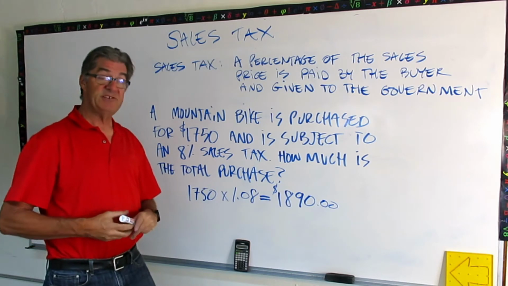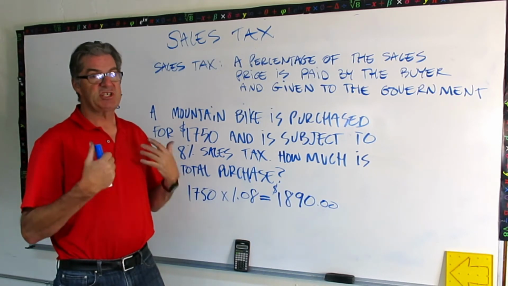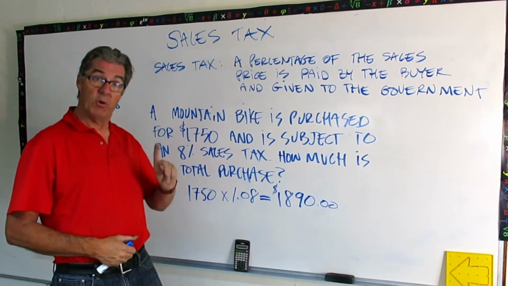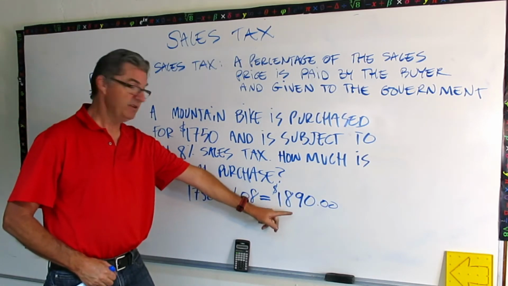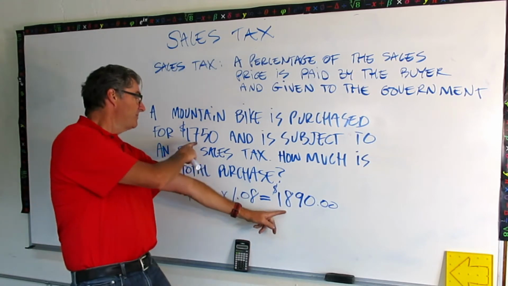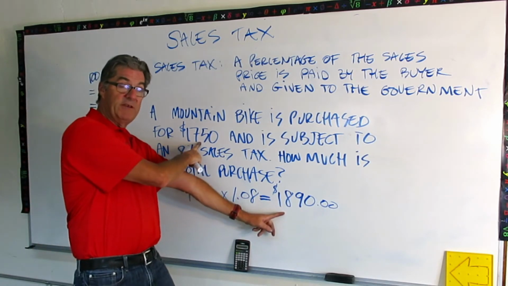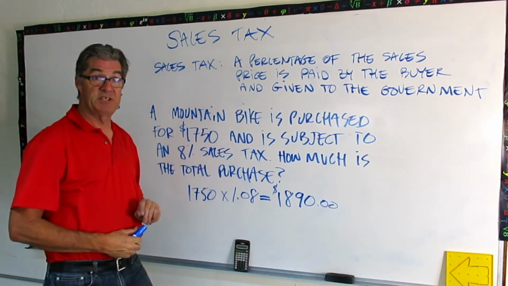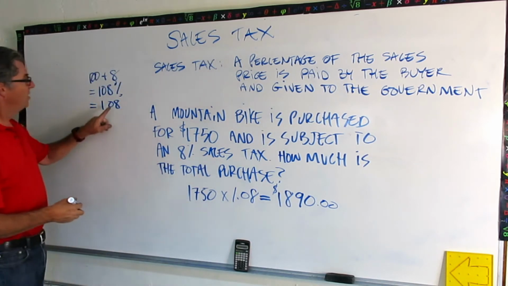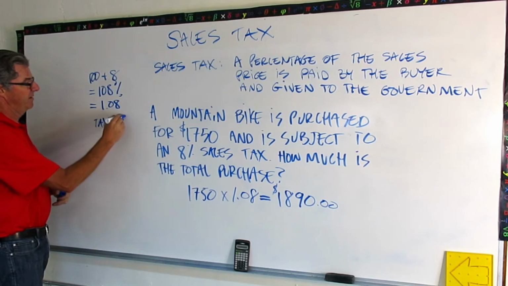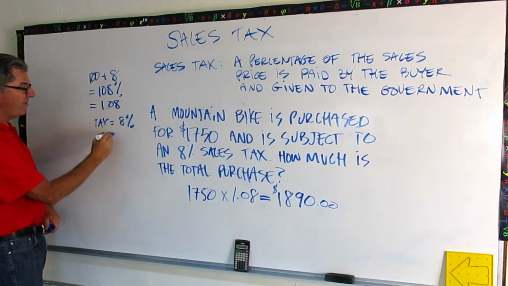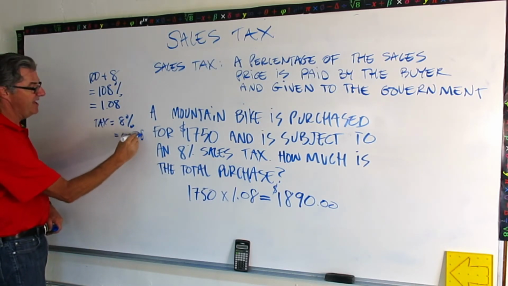Now, you might be asking, how much tax was paid? There's two ways to do that. The simple way is to first do this equation, get your total sales price, then subtract the price of the bike, and that will give you your sales tax. I'm going to show you a different way. We know that the tax is 8%, so that is 0.08 as a number.